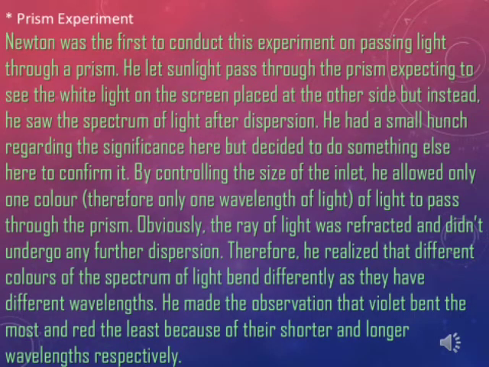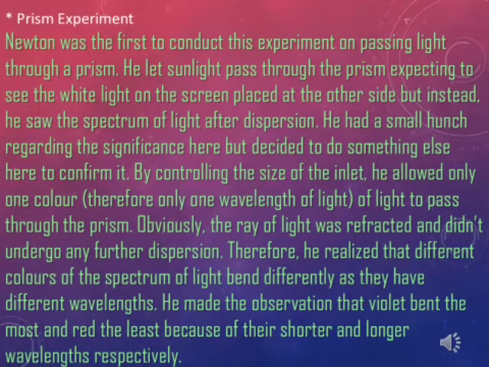He let sunlight pass through a prism, expecting to see white light on the screen placed at the other side, but instead he saw the spectrum of light after dispersion. He had a small hunch regarding the significance, but decided to do something else to confirm it.